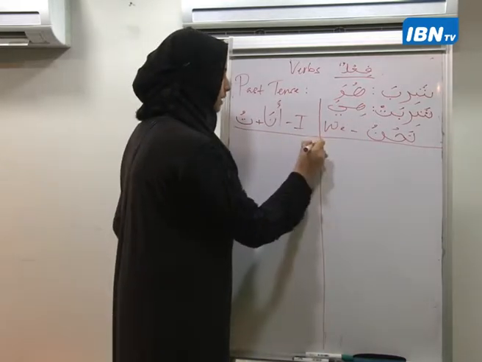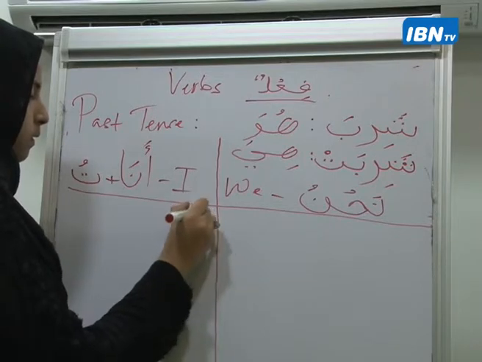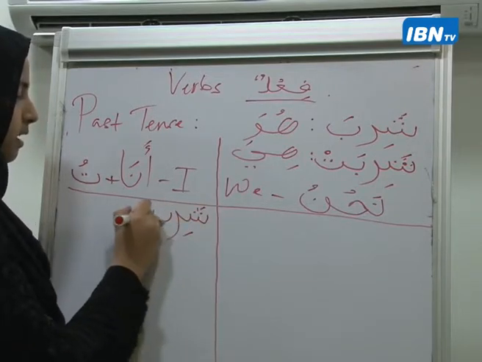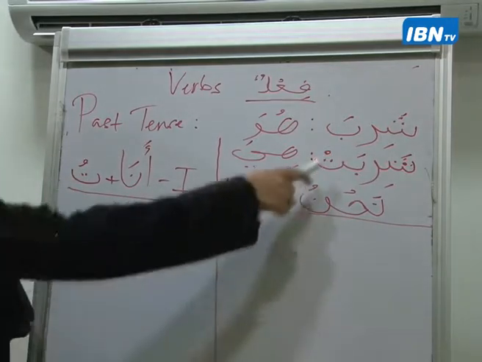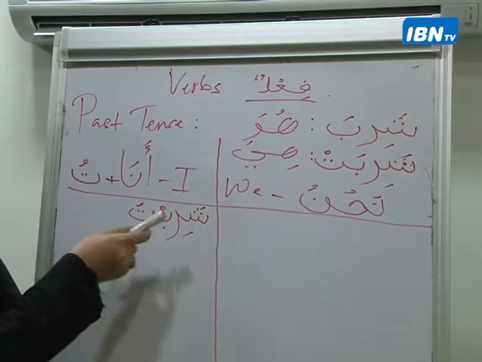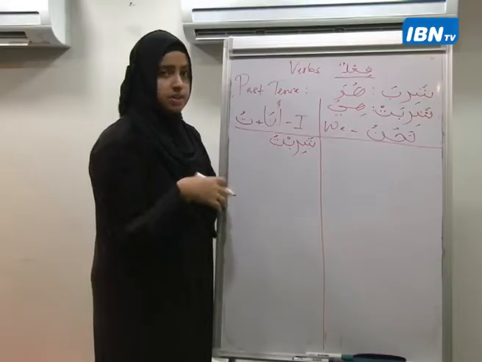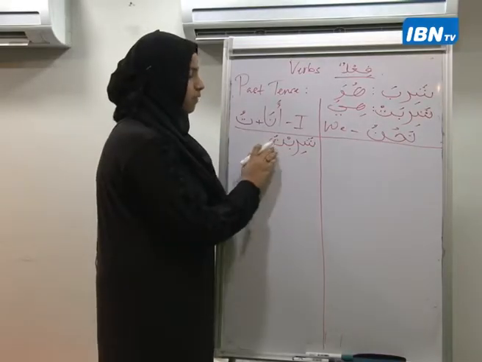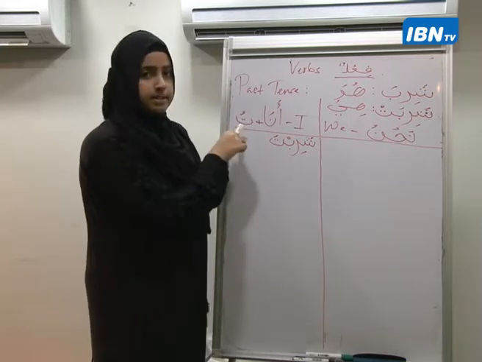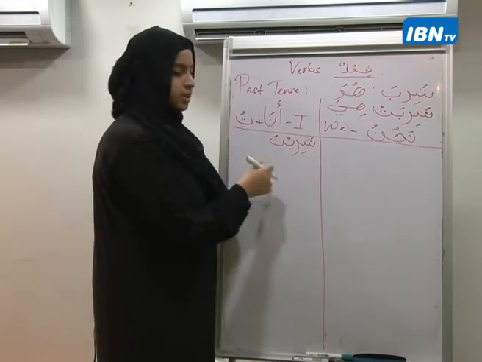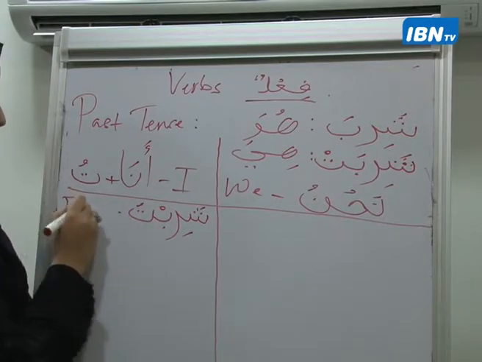Shariba becomes sharibtu, which means I drank. You notice that the ba here carries a jussive, a sukoon, and it is joined with an addition of an open ta with a nominative case. So ana sharibtu means I drank.